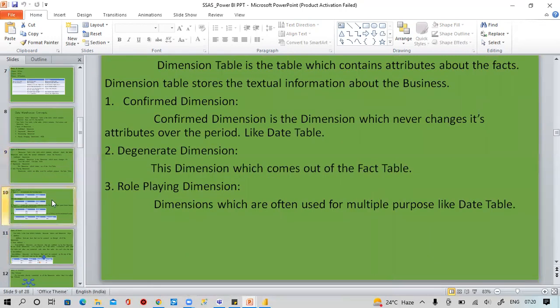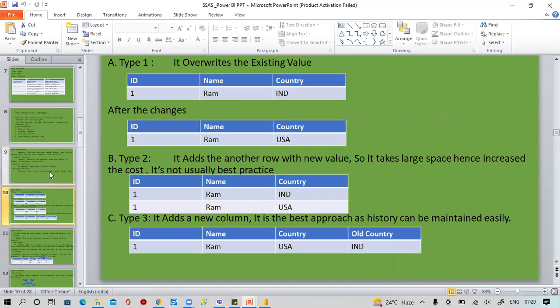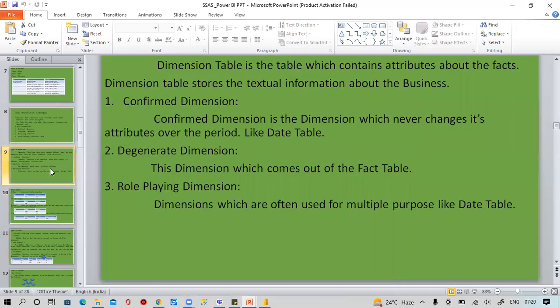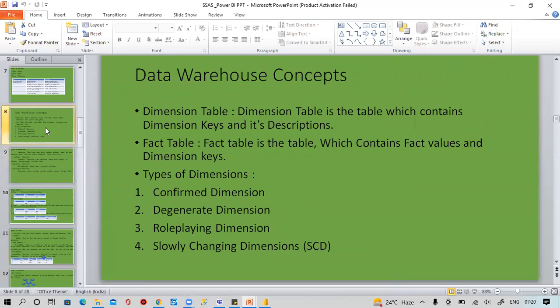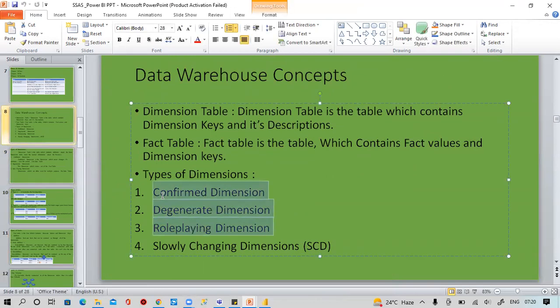Definitely, this is also one type of interview question. If someone asks you the types of dimensions, initially they are expecting these three. Even if he or she extends the question, you can say slowly changing dimensions, and one more thing is the junk dimension.